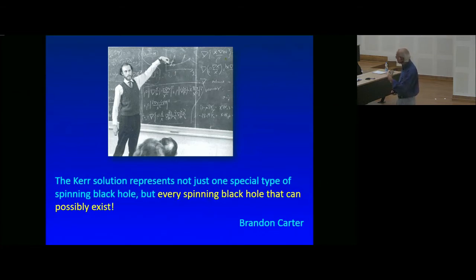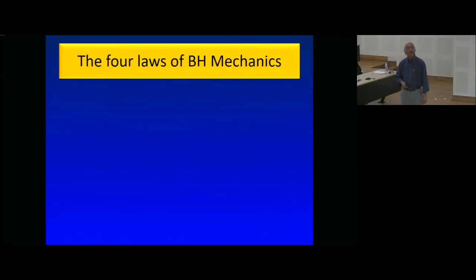So this was an extremely important development. And then, in the period between 1968 and 1972, a series of very interesting and exciting and rigorous mathematical theorems were proved about black holes, which went under the name of 4 laws of black hole mechanics.